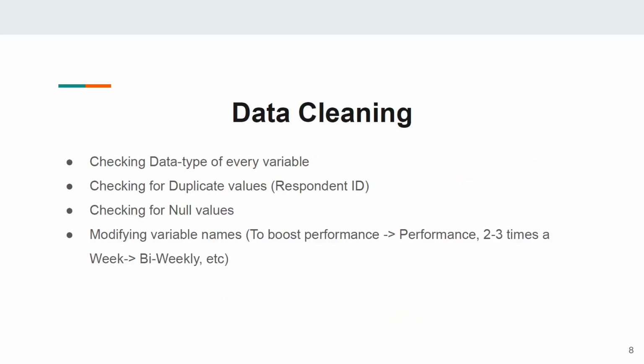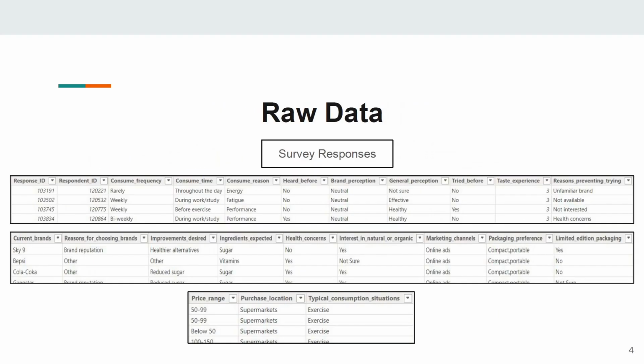Okay. So here if I take you again to the table back. Here you can see consumption frequency: rarely, weekly, bi-weekly; consumption time: throughout the day, before exercise; reason: energy, fatigue. Then we also have marketing channels, different channels like online ads or TV commercials. Similarly, we have purchase location like supermarkets, gyms, locals.